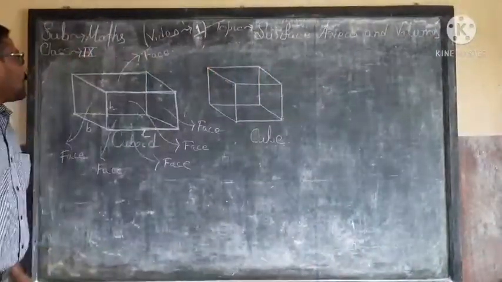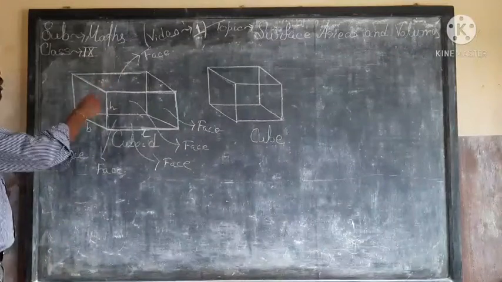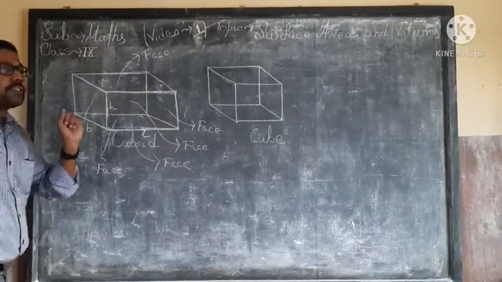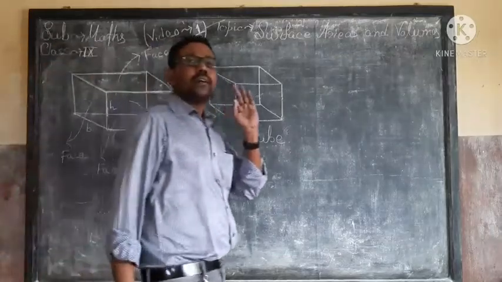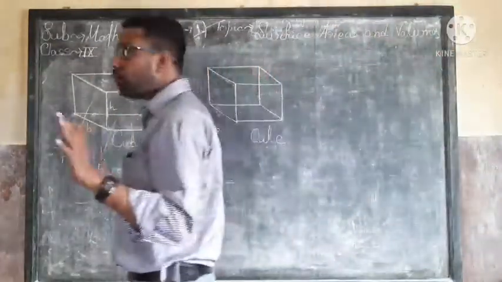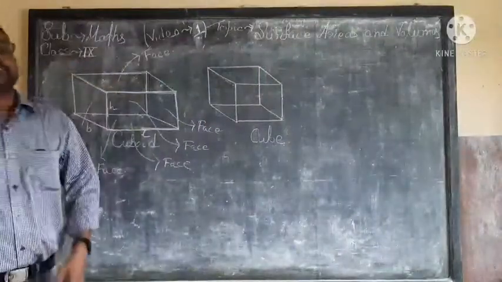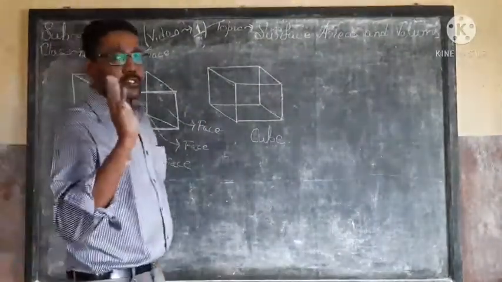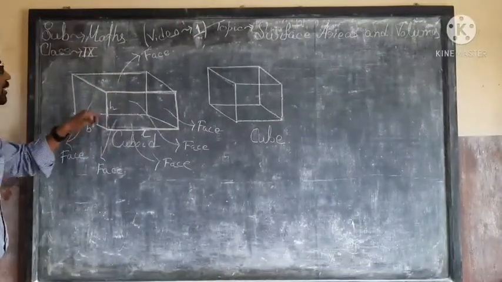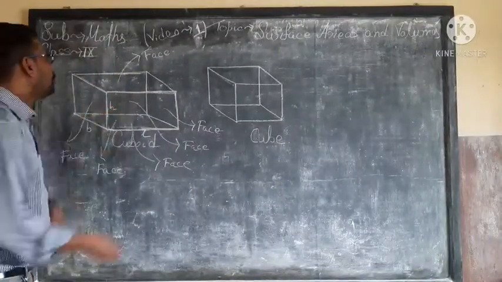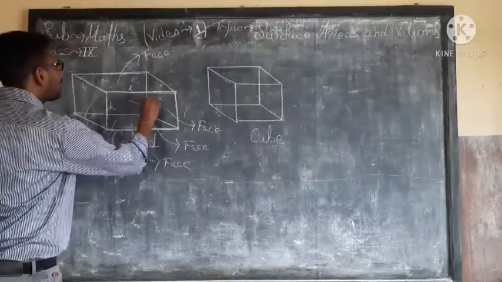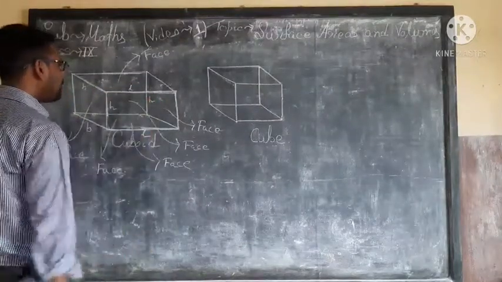Another thing, for the cuboid and the cube, each side is also called by a specific name, the edge. So for the cuboid, these 3 edges are involved: one represents the length, another the breadth, and the height.